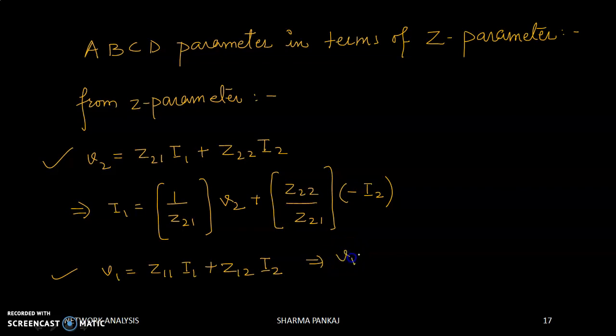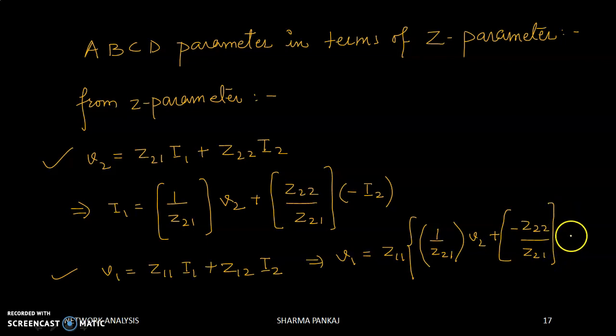V1 is equal to Z11, put the value of I1, that is 1 upon Z21 into V2, plus minus Z22 upon Z21 into I2, plus Z12 into I2.